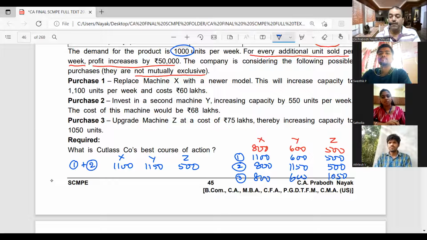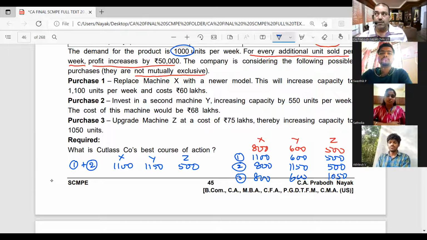Am I right? Option 1 gives me an increase in machine X to 1100 units. Option 2 gives me an increase in machine Y to 1150 units. Machine Z is still 500 units only. So my production is restricted to 500 units.